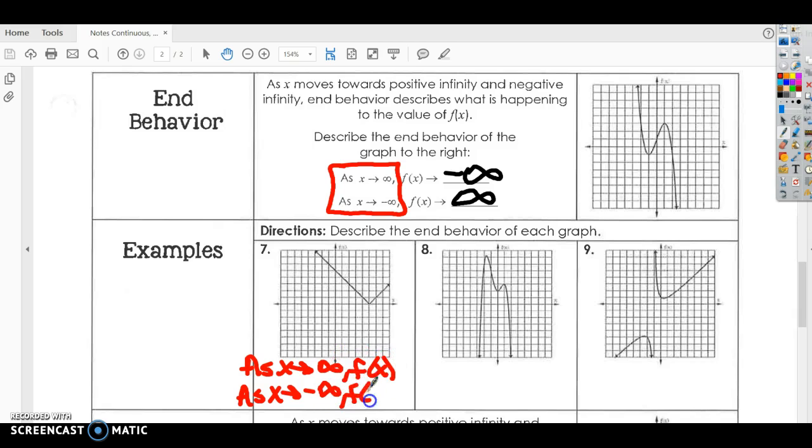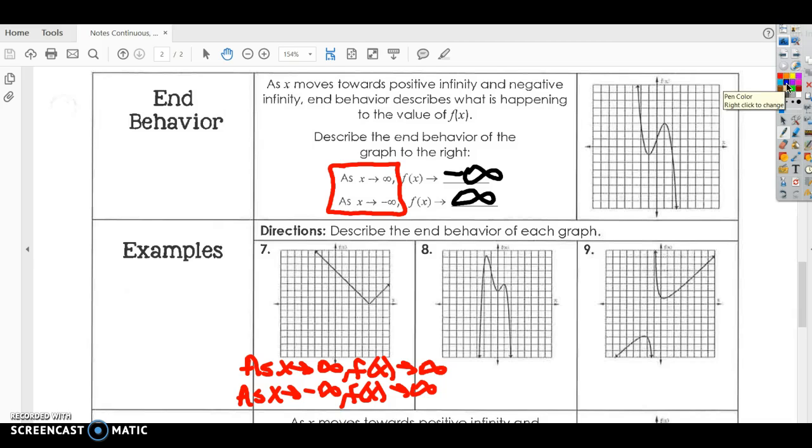Remember, f of x is our y values. So for number 7, as x goes to the positive, our y's go up, so that would be positive infinity. As our x's go towards negative infinity, or as our x's go left, it's also going up, so that would be positive infinity as well.